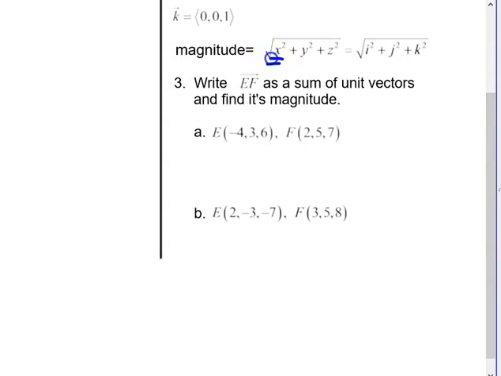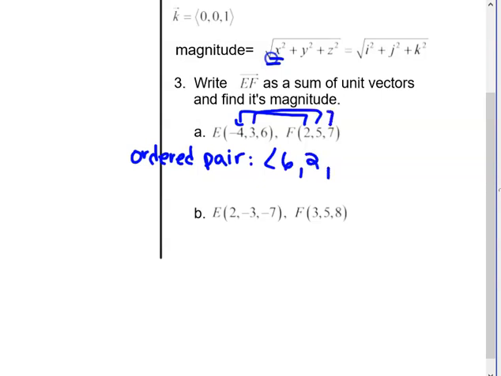So I'm going to write this as an ordered pair by just going 2 minus negative 4, which is 6, 5 minus 3, which is 2, 7 minus 6, which is 1. So that's how we write it as an ordered pair.